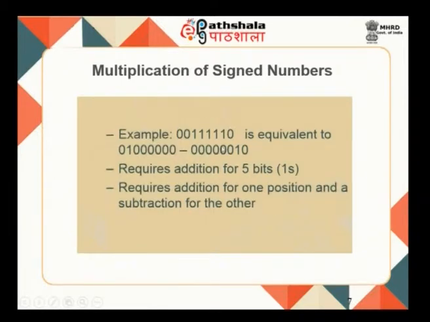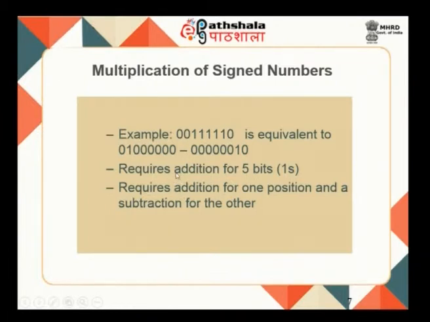So, this is equivalent to when you have 0 0 1 1 1 1 1 0, this is obviously equivalent to this minus this. We are not changing the multiplier value at all, it is just represented differently: instead of writing it as 14, you are writing it as 16 minus 2. Similarly, you can do the same operations with these bits also.